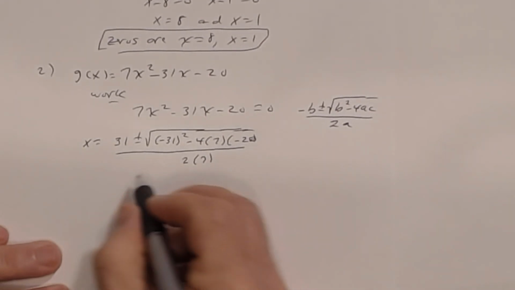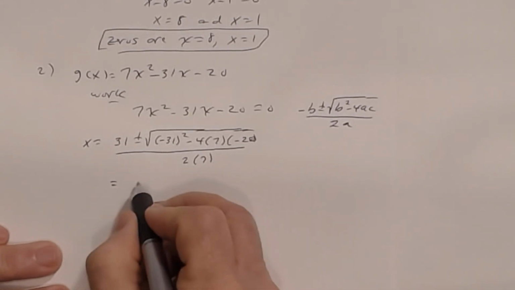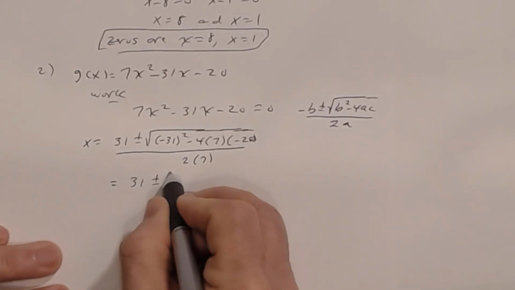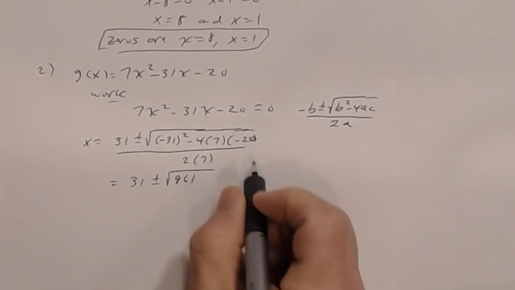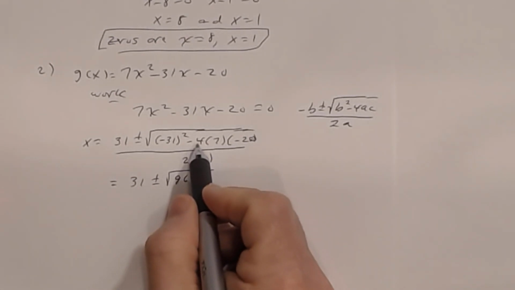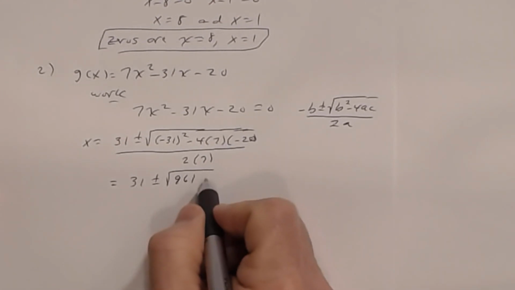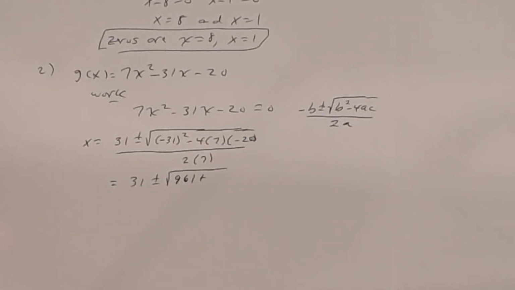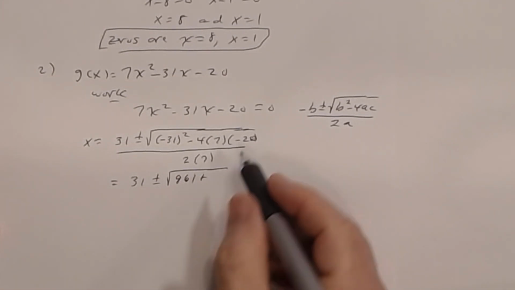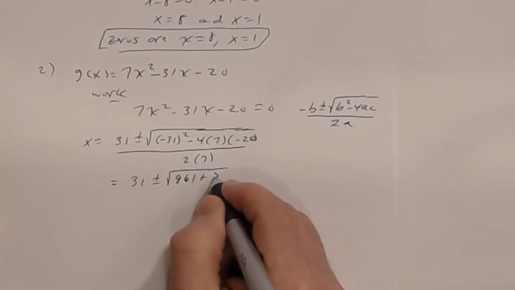Simplifying the radicand, I get 31 plus or minus the square root of, negative 31 times itself, using a calculator, is 961. In this part, a negative times a positive times a negative will be a positive, so this is 961 plus, and multiplying those three factors out, you get 28 times 20, which gives us 560.